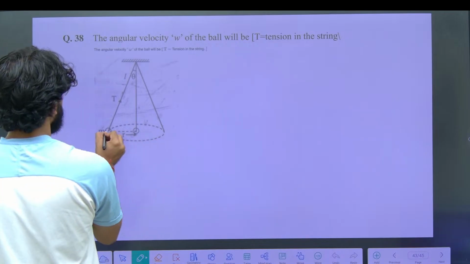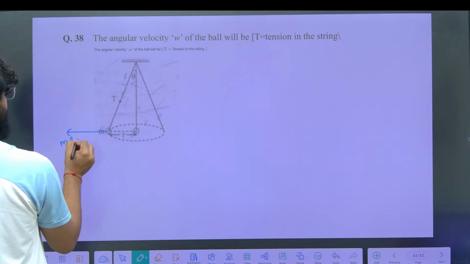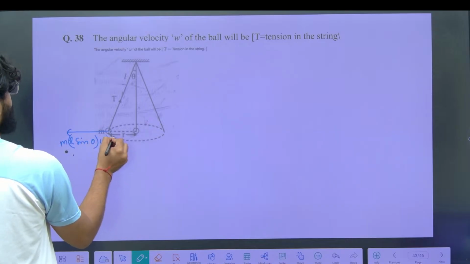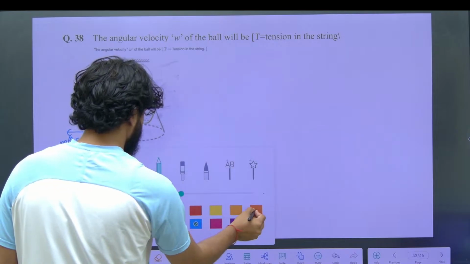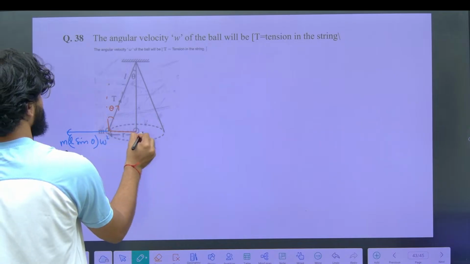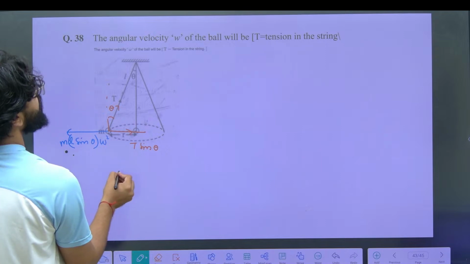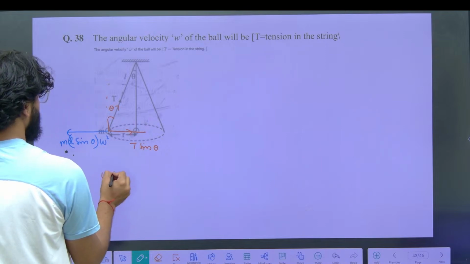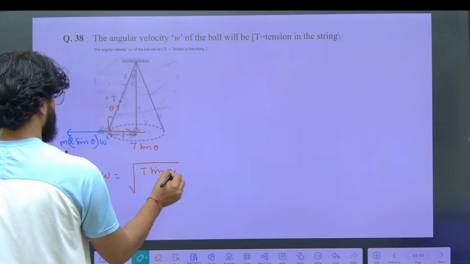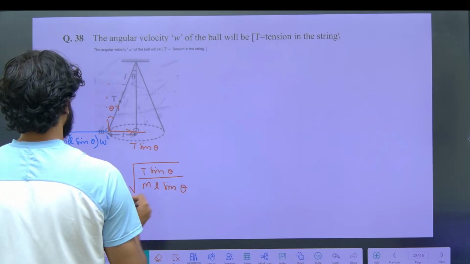Okay. So we know this, that it is M L sine theta omega square, which will be, if this is theta, then it is T sine theta, correct? So can we write omega equals to under root T sine theta upon M L sine theta, correct?